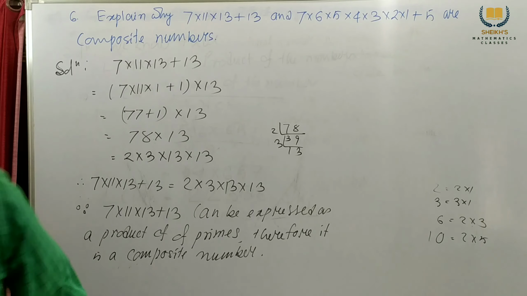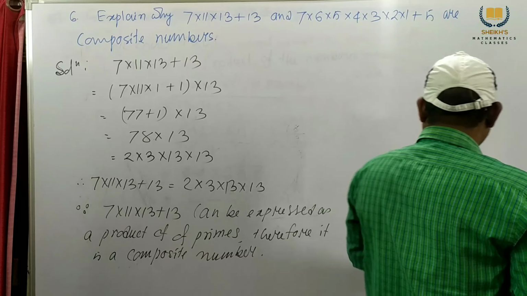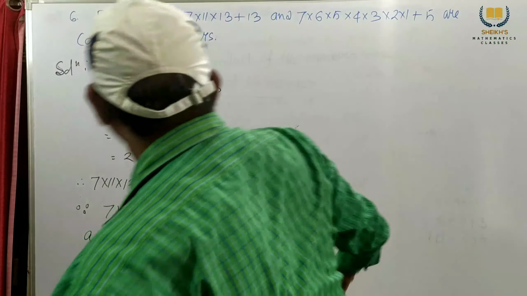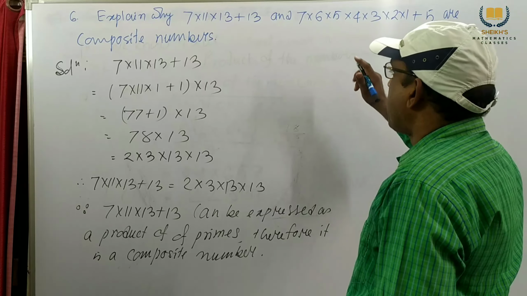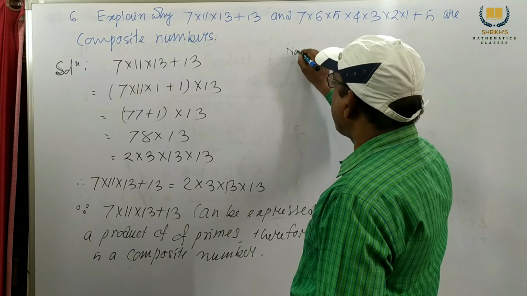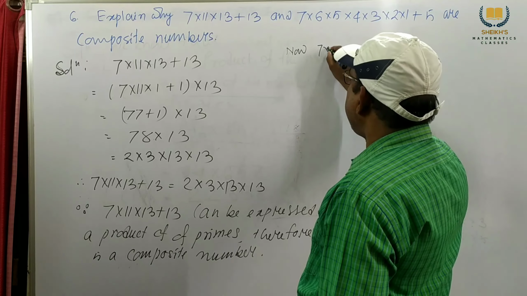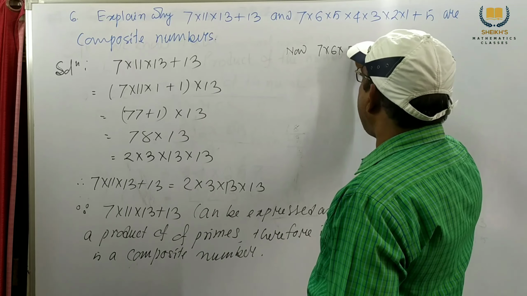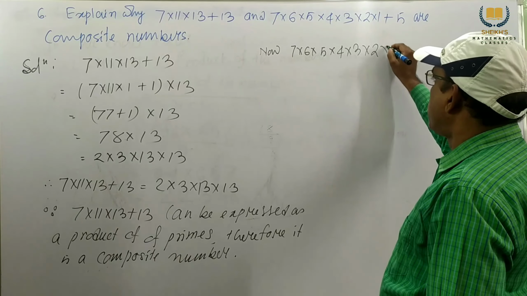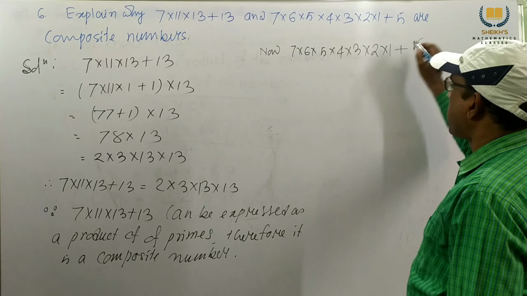Now we consider the next one, again whether it is a prime number or a composite number. Now we consider 7 into 6 into 5 into 4 into 3 into 2 into 1 plus 5.